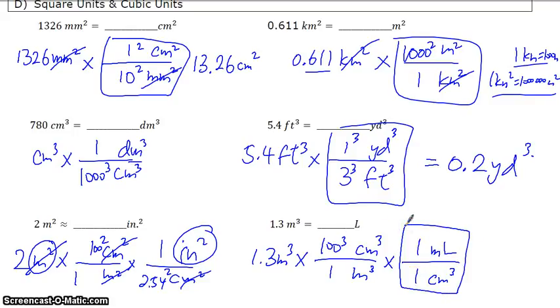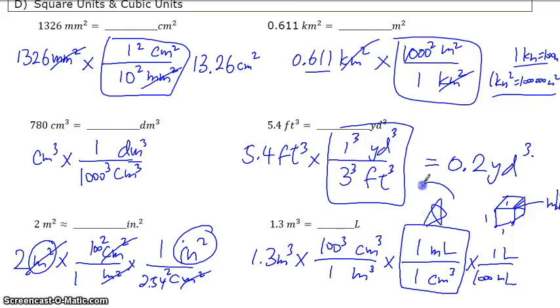If you make a cube which measures 1 centimeter on each side, the volume is 1 milliliter. And 1,000 milliliters is 1 liter. So by doing this conversion, you can get from cubic meters to liters. This is just extra common knowledge I added here.